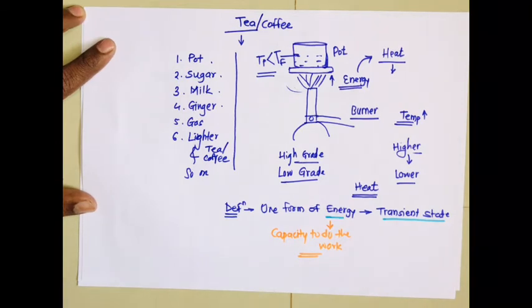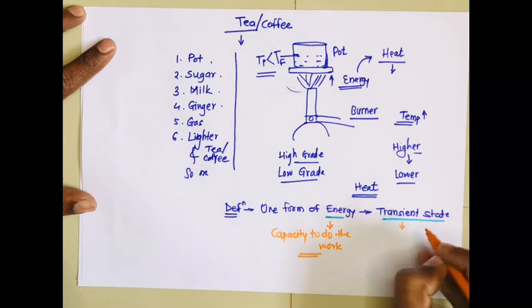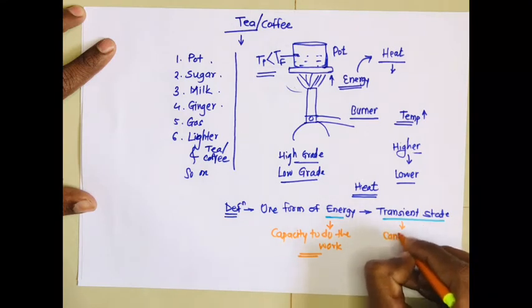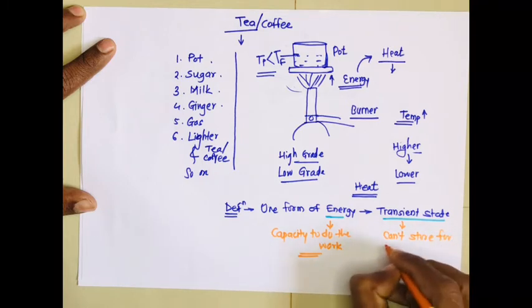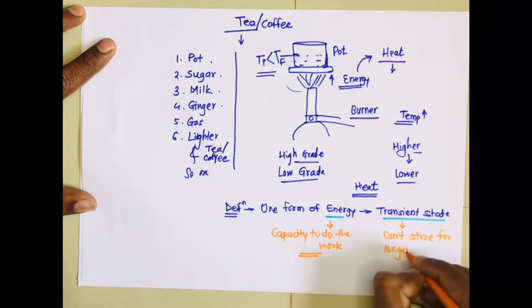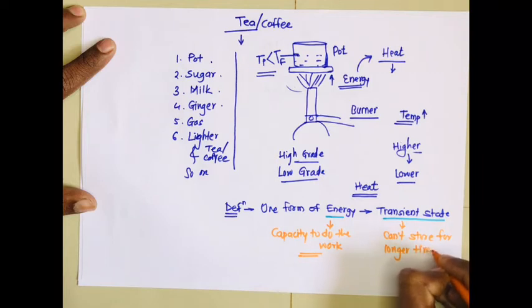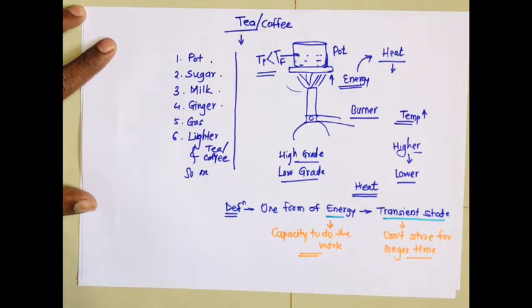Now what is the meaning of a transient state? Transient state means that we can't store the energy for a longer time. Let us take an example in order to understand which types of energies we cannot store for a longer time.